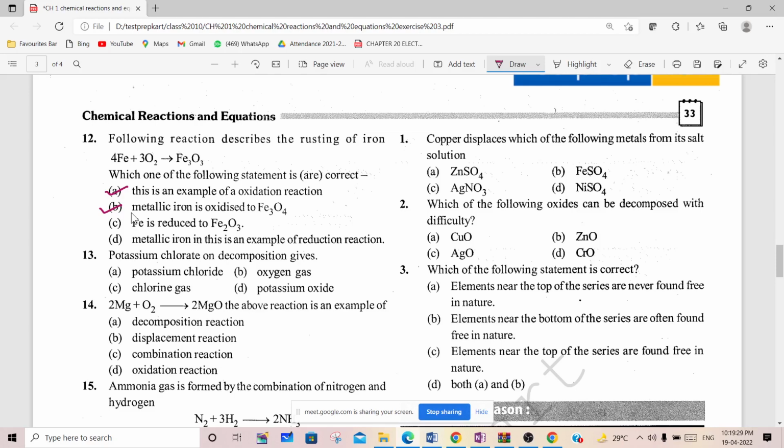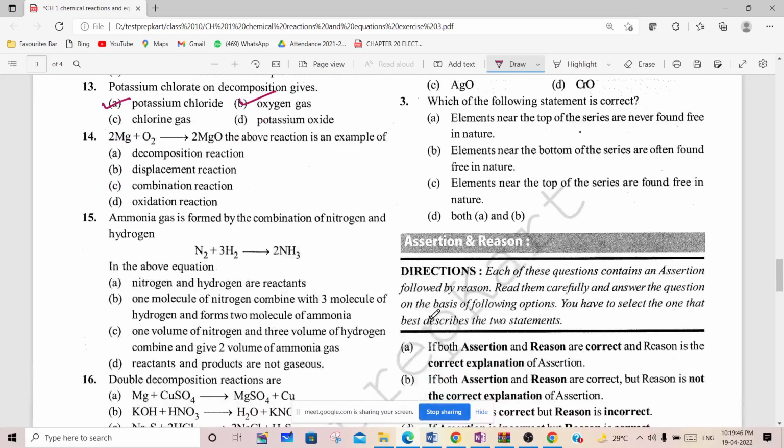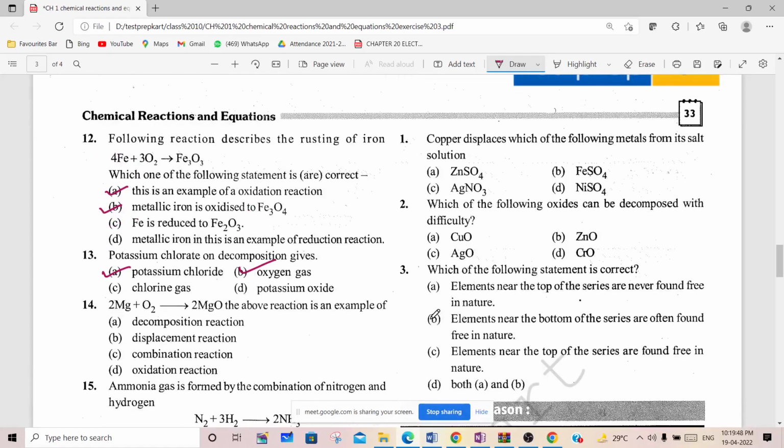It gives potassium chloride and oxygen. Sir, in the 12th one is D correct? B is correct.